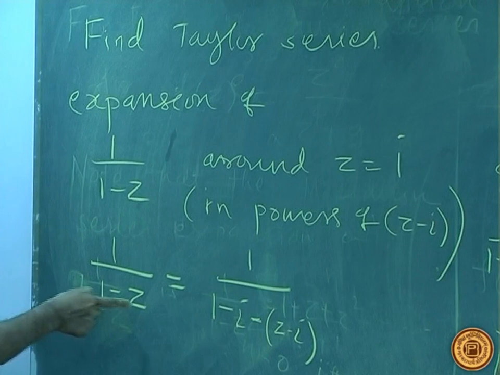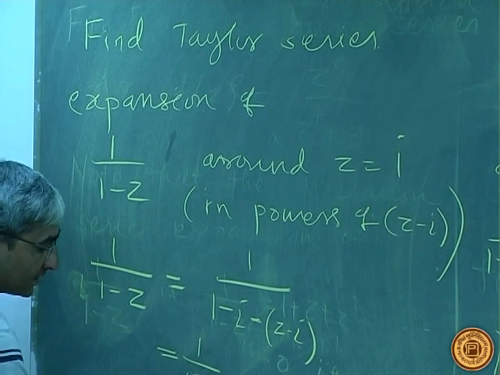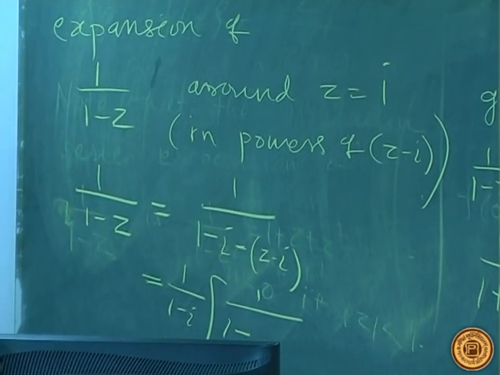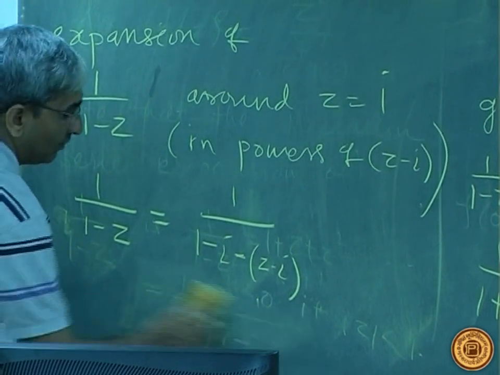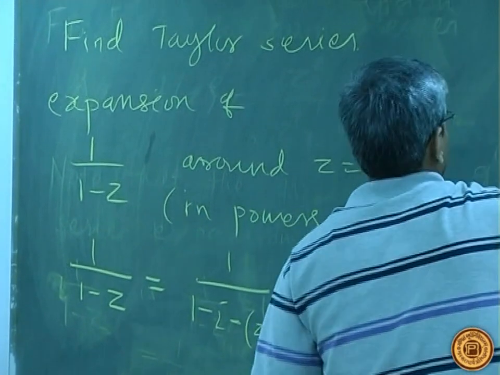So, you have the original fraction. Is this clear? That is what the adjustment is. And then now I will divide by 1 minus i. So, I will get 1 over 1 minus i into 1 upon 1 minus z minus i upon 1 minus i.